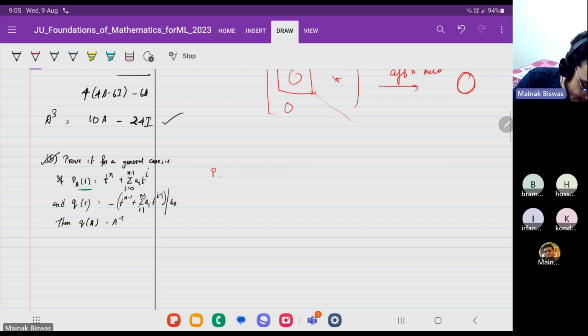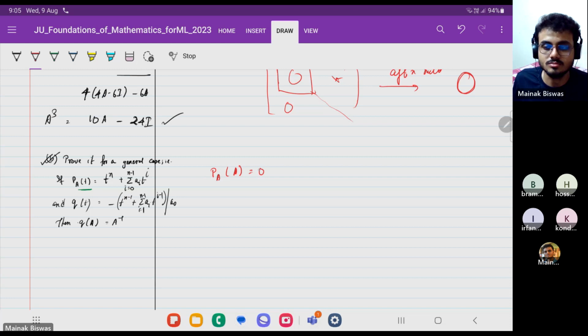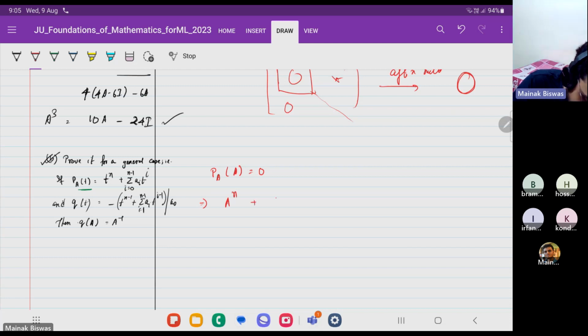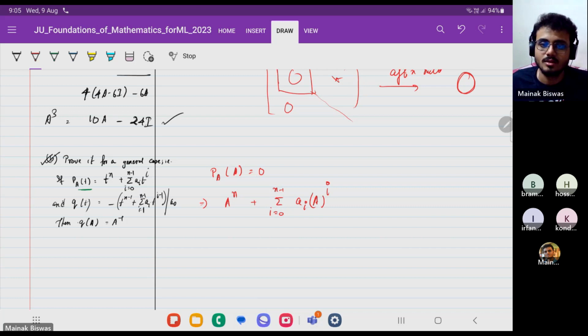So we'll do something like p_A(A) is again equal to 0, right? Yes or no? So you'll get A to the power n plus, correct. Then we take A common out of both terms. Very good.